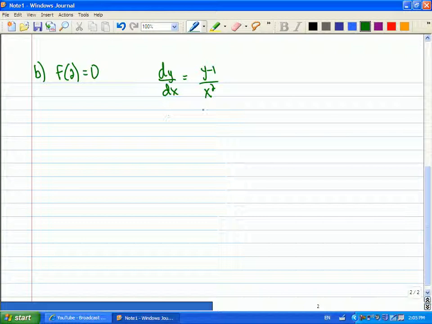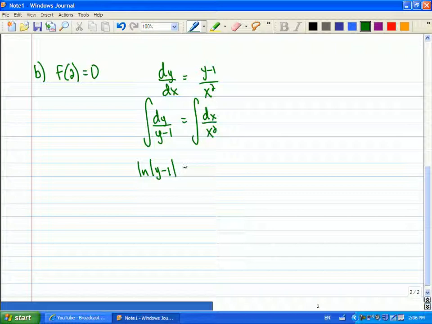And if I rearrange this, I'm going to have dy over y minus 1 is dx over x squared. And that's what I'm going to integrate. So on the left side, I'm going to have natural log of y minus 1. And when I integrate this, it's going to be power rule. It's going to be negative 1 over x and a constant.